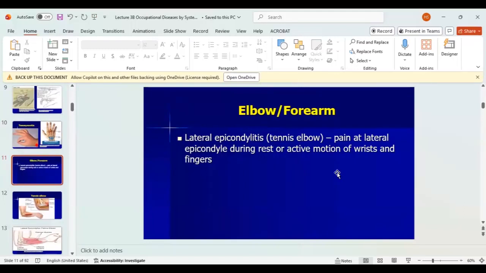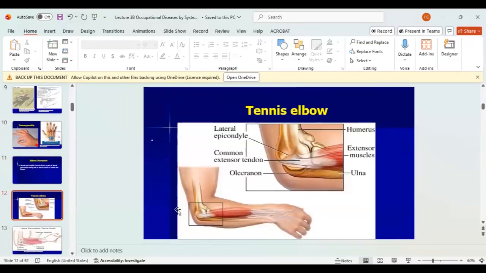You have lateral epicondylitis or tennis elbow. And what happens here is the extensor muscle is affected. So you have inflammation here, which makes it very difficult to bend or straighten the arm.